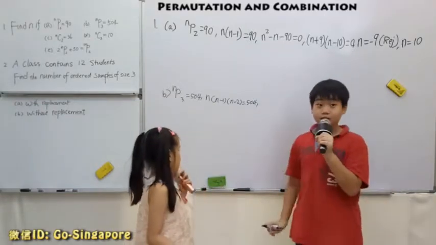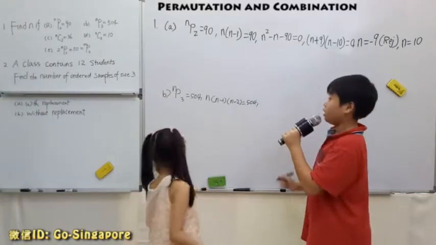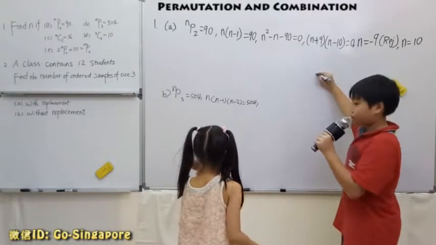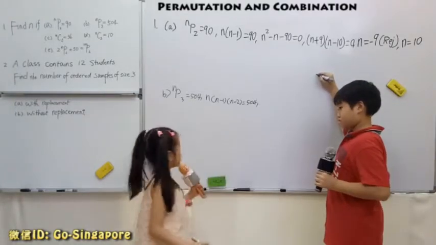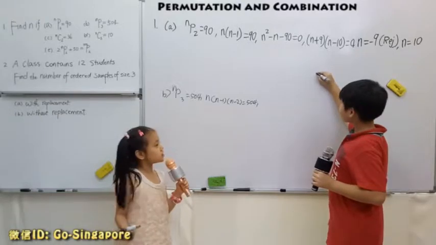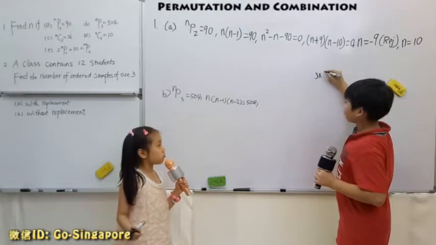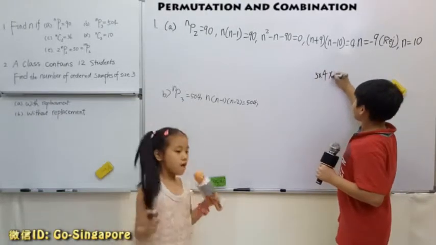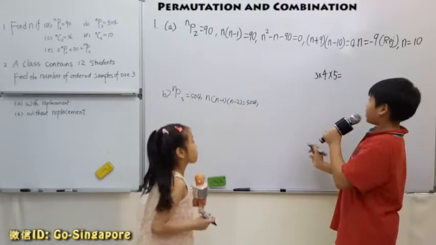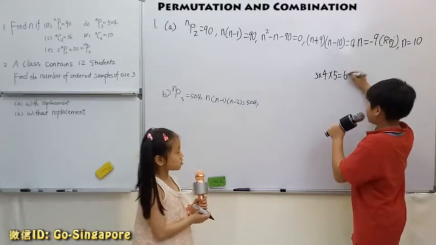Okay, let's say for example, what do you want? Like 3, 4, 5. 3 times 4 times 5 is 60, right? Yes.